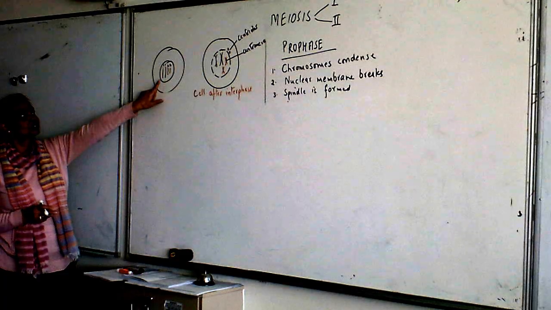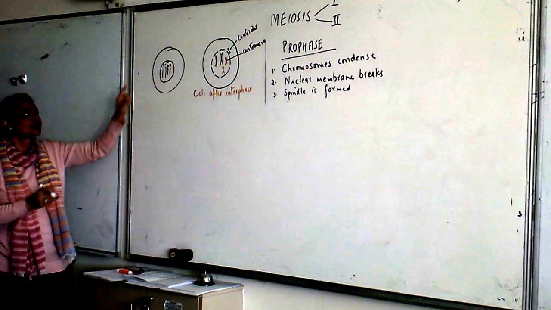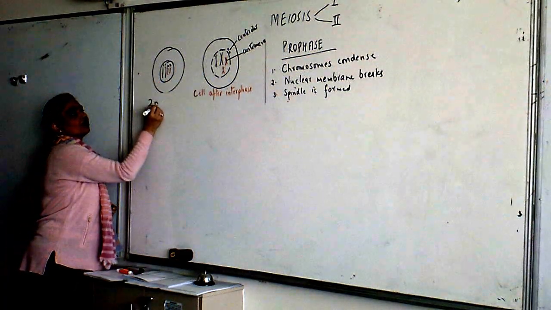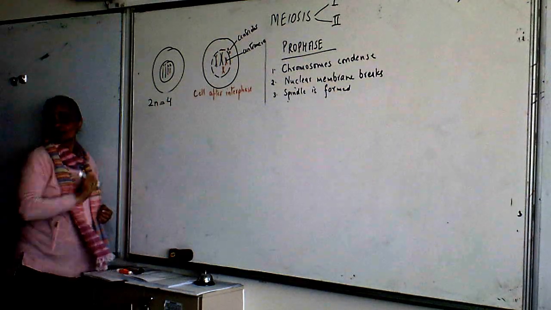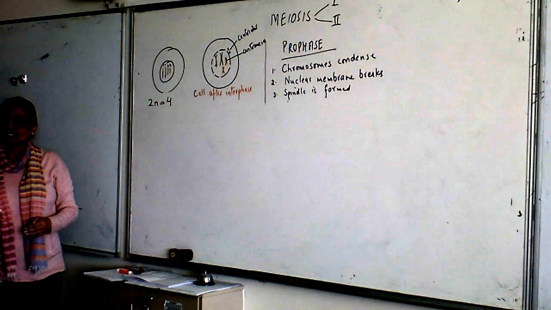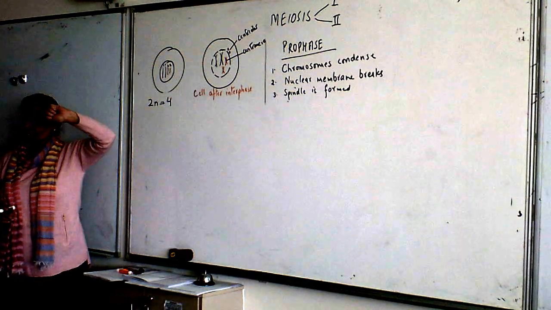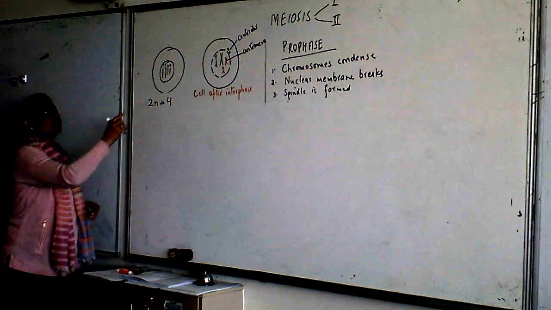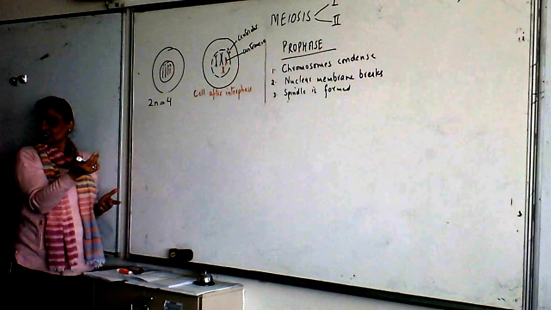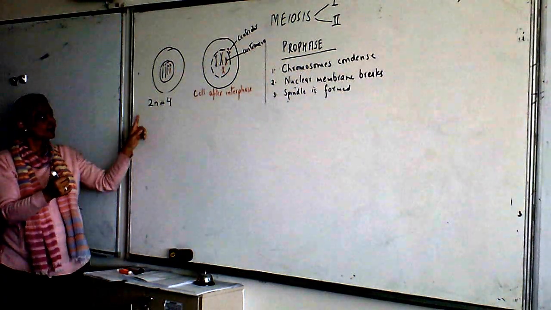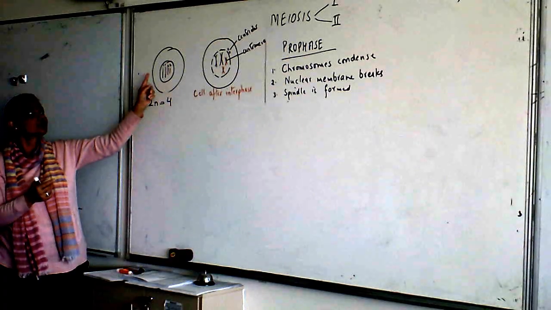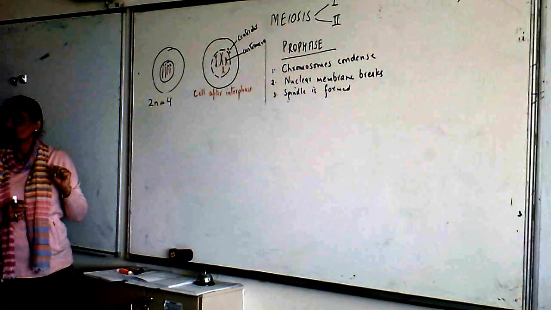So we start off with a cell that has the 2n number of 4 instead of 46. So the diploid number for this cell is 4 because it's got 4 chromosomes. And how many sets? 2 sets. How many in each set? 2 in each set. We're just looking at chromosome number 1 and chromosome number 2.